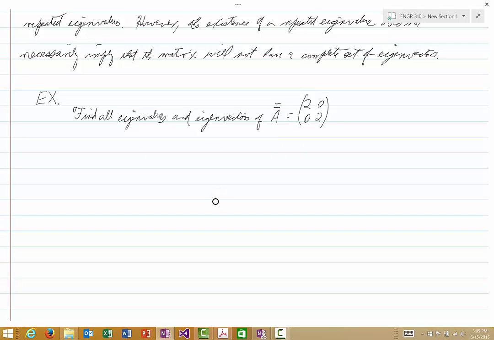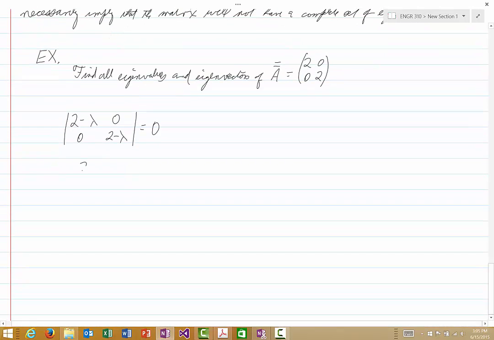Well, when we set the determinant of A minus lambda I equal to 0, we get 2 minus lambda times 2 minus lambda minus 0 times 0 is equal to 0, and therefore 2 minus lambda squared equals 0.